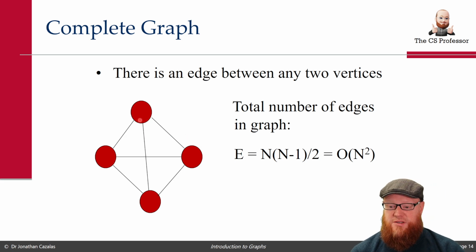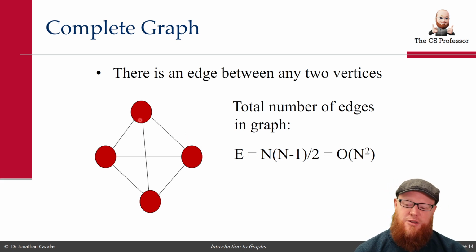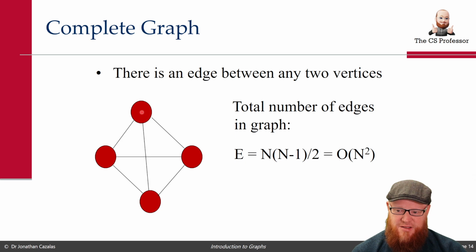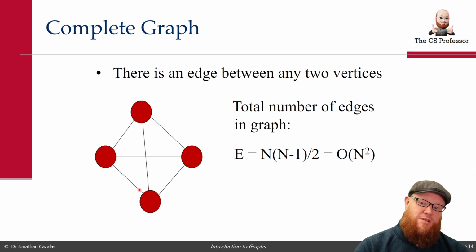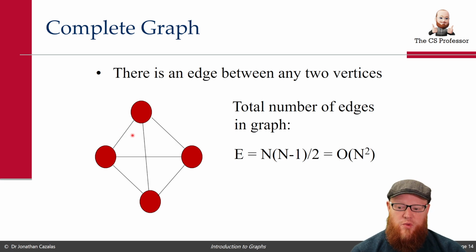Well, if there's an edge between every pair, how many edges will be leaving a particular vertex? Meaning, if this one vertex here has to be connected to all of the other 3 vertices, that means there will be 3 edges leaving this vertex, right? Well, there's going to be 3 edges leaving this vertex, 3 edges leaving this one, 3 edges leaving that one, but they're not distinct, right?